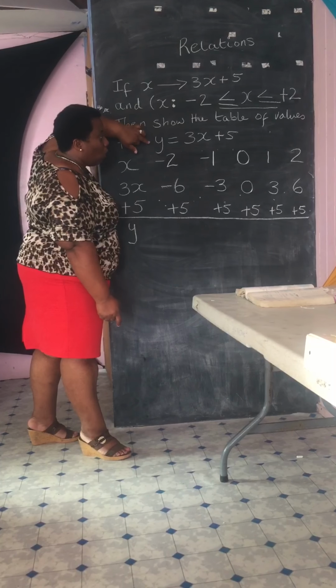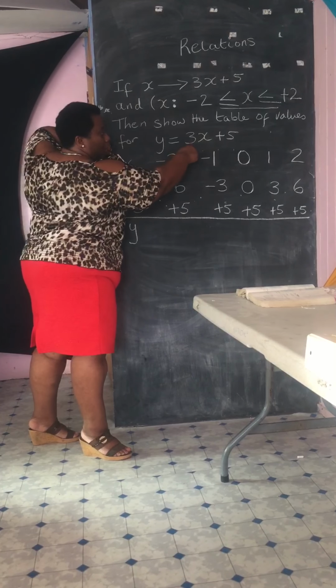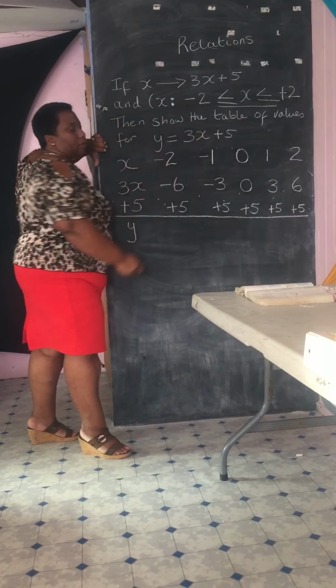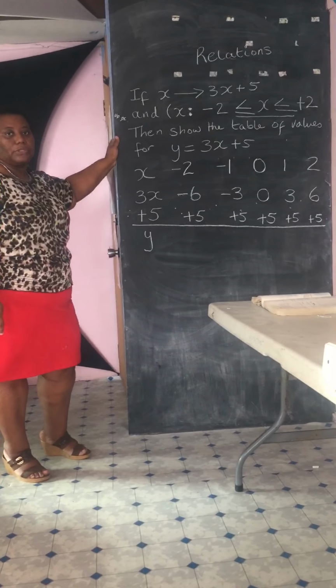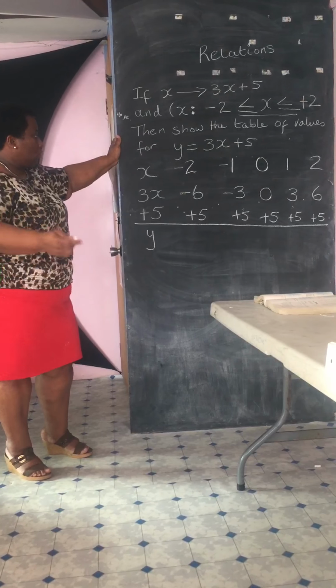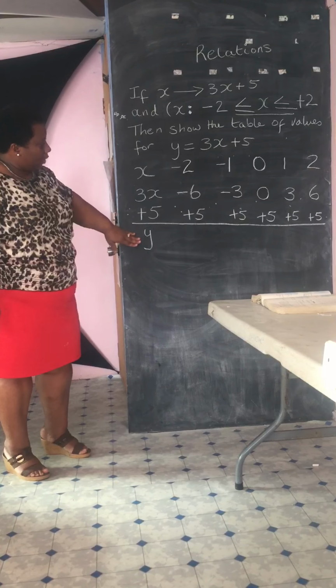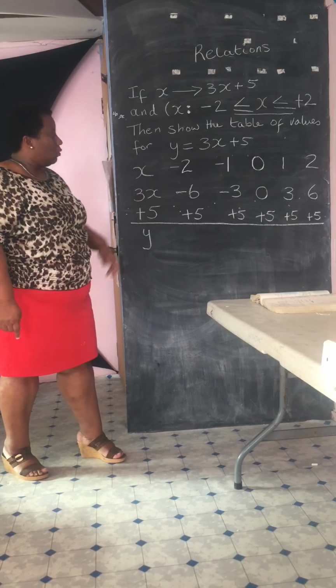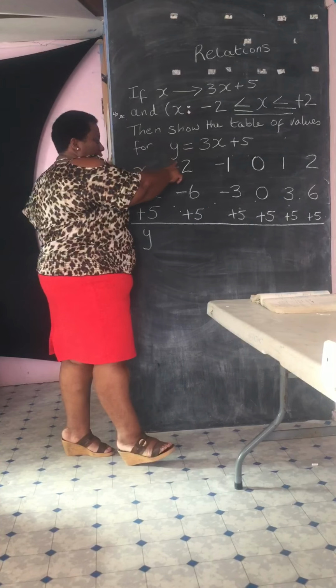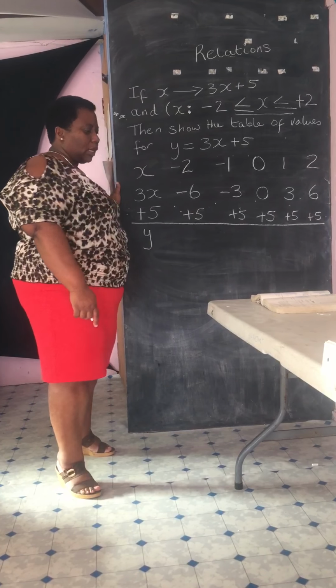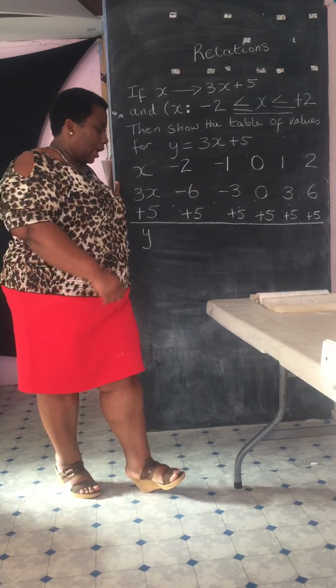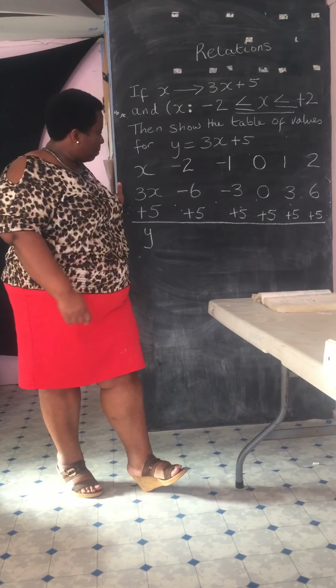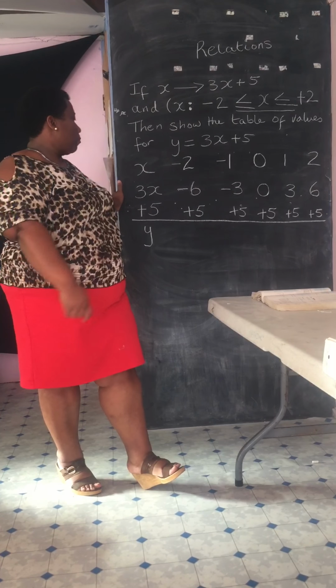We're trying to find what y is when we follow this particular set of rules. Okay? So, y, if we were to work this out now, we have negative 2, negative 6, and then we have plus 5. All right?